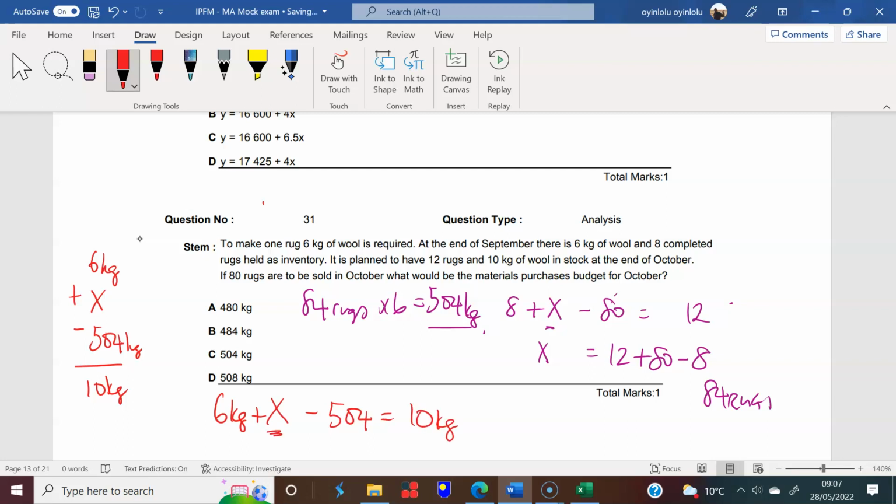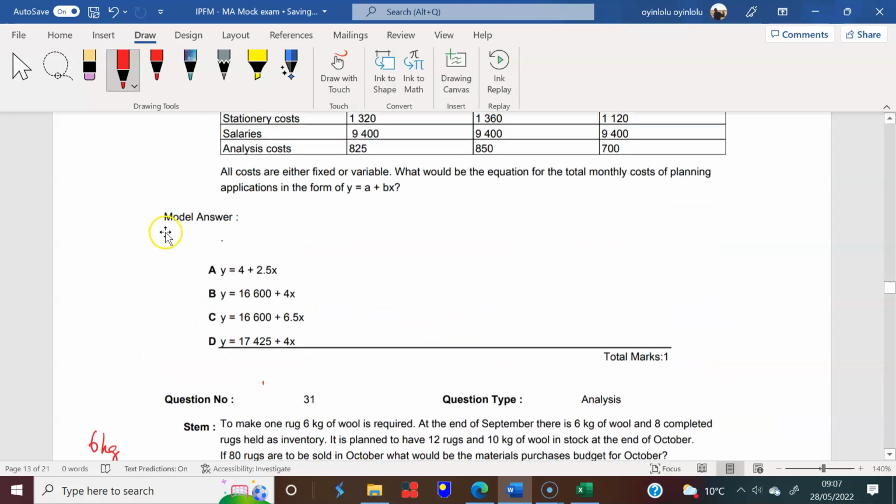Therefore, how many kilograms do I need to buy? I need to buy 10 plus 504 minus 6, which is 508 kilograms. So I need to buy 508 kilograms. That's the answer to 31.